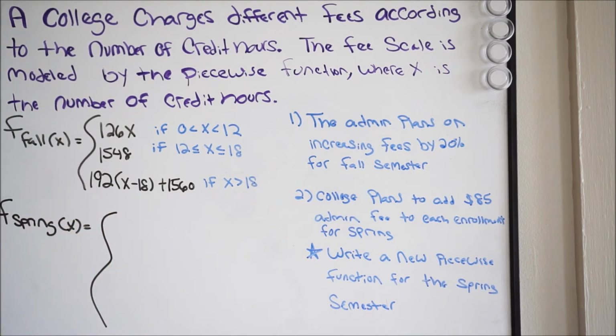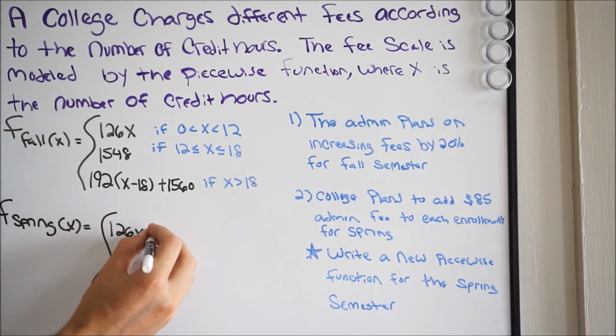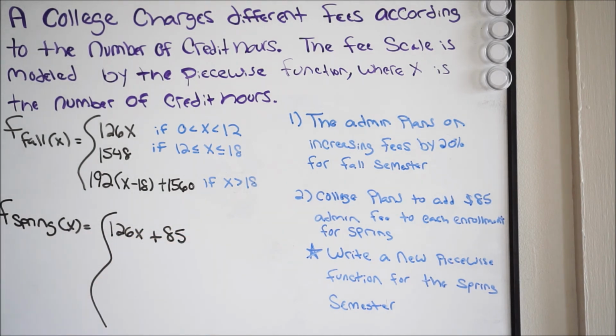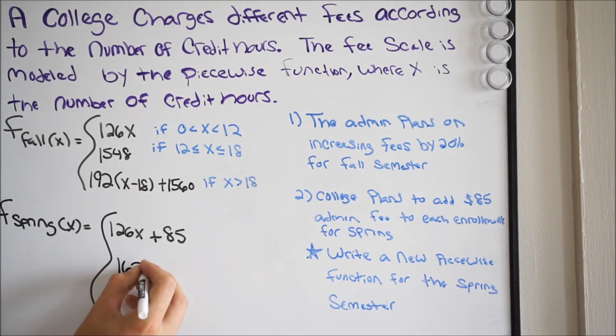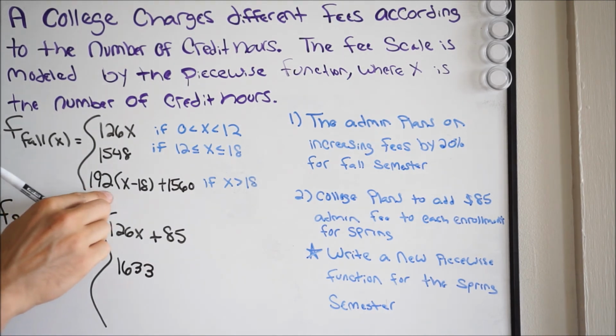So if we do 126x plus 85, again, these aren't like terms, so we can't combine them. Here we have 1548 plus 85. Those are like terms, so we can combine those. 1548 plus 85, and we're going to get 1633. Same thing here, just combine your like terms. So this will remain the same.